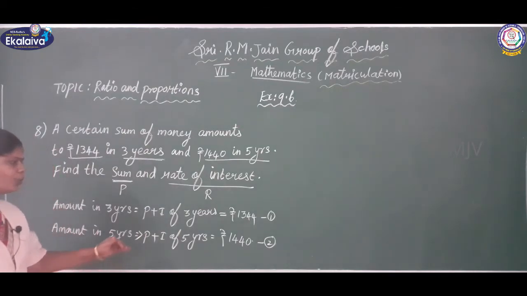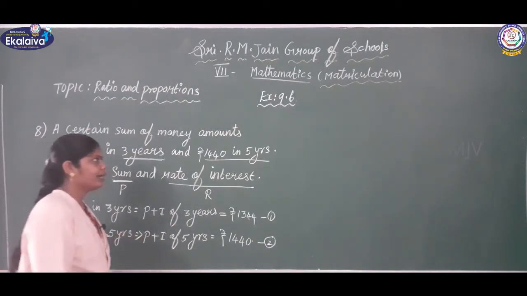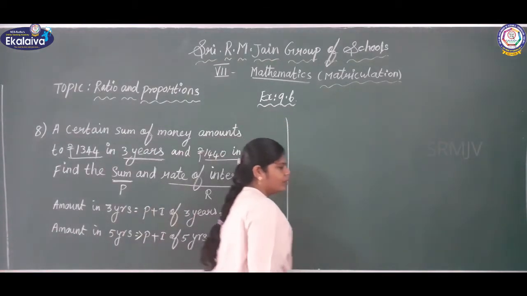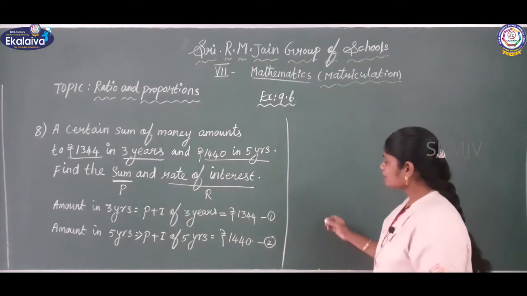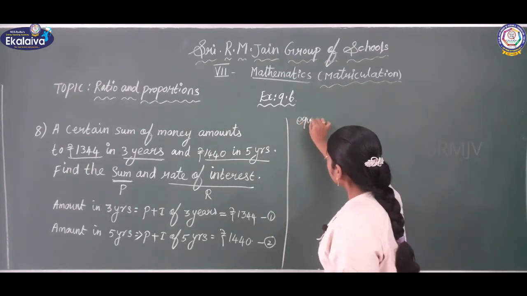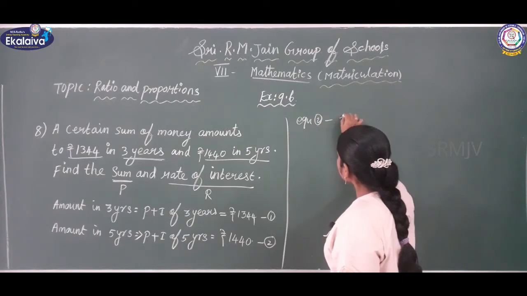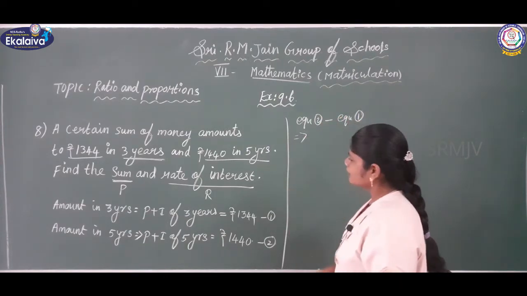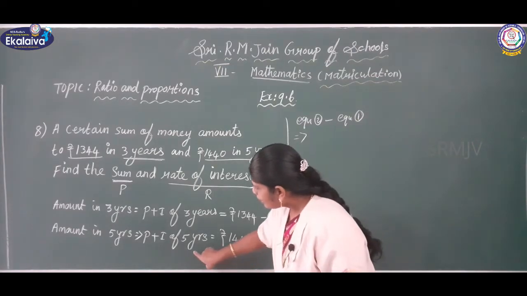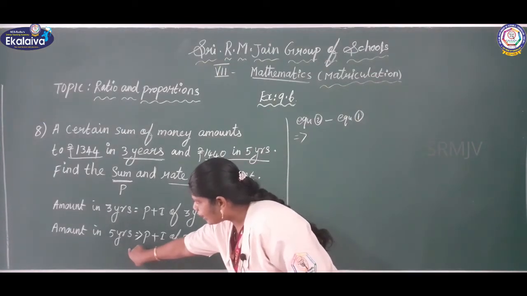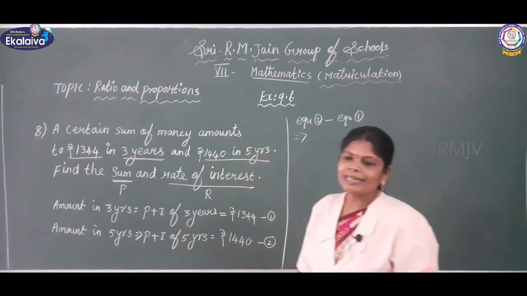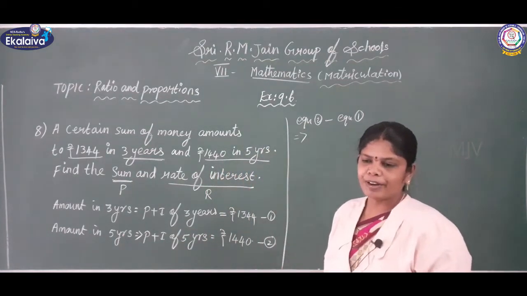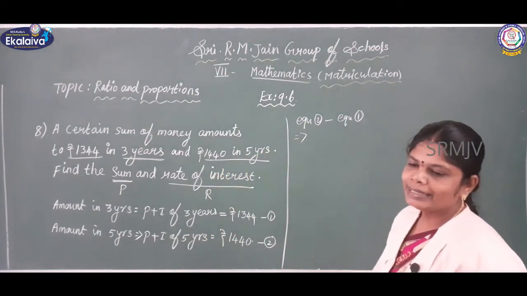Now I am going to subtract these two. So equation 2 minus equation 1 implies, see here equation 2, here 5 years, amount in 5 years, this is amount in 3 years, amount in 5 years and amount in 3 years.